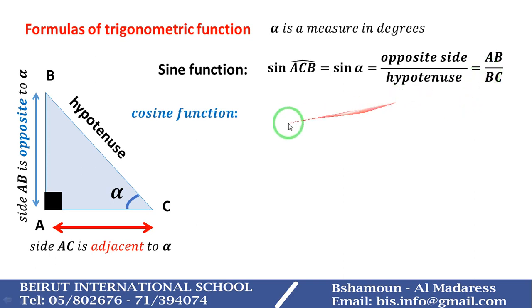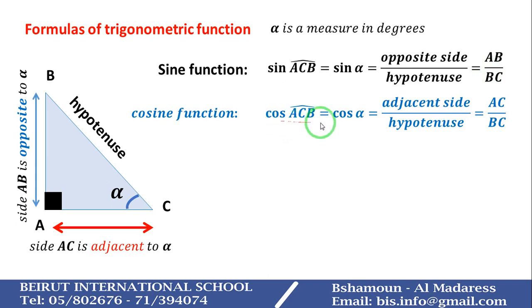The cosine function is written as COS. Cosine alpha is equal to the length of the side adjacent to alpha over the length of the hypotenuse, which is AC over BC.